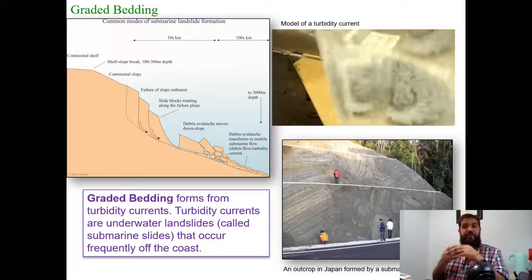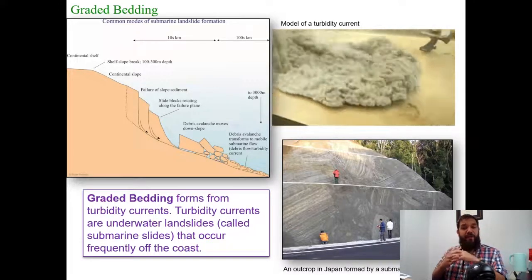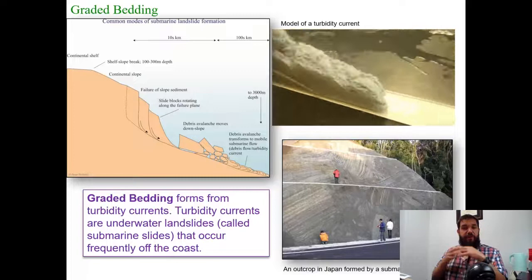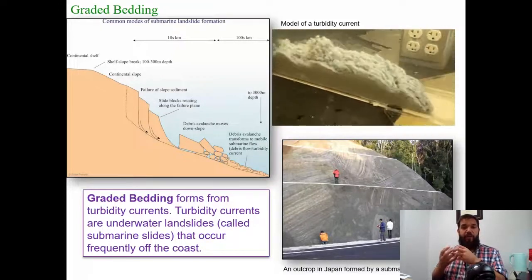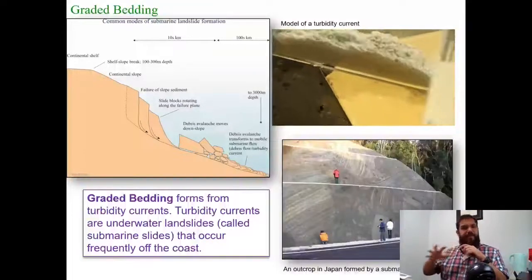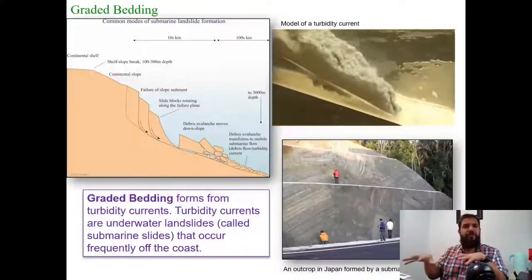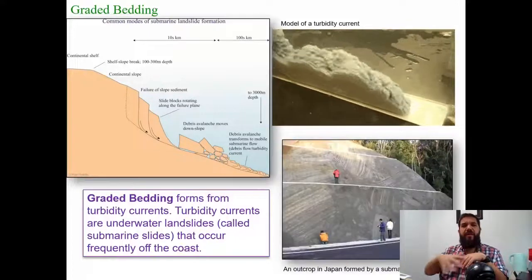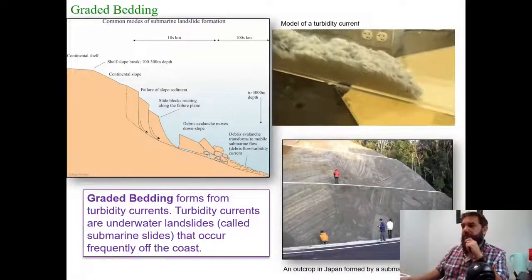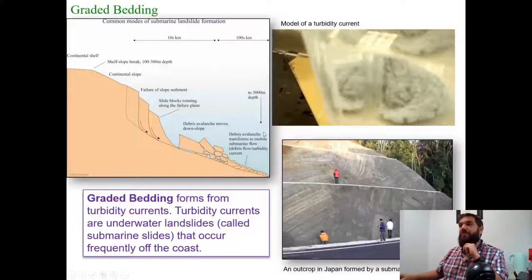If you see graded bedding, it probably formed from a turbidity current underwater. So if you find graded bedding, it means this is an environment that was close to the coast in a marine environment, near the continental slope. Okay, so that's what that means.